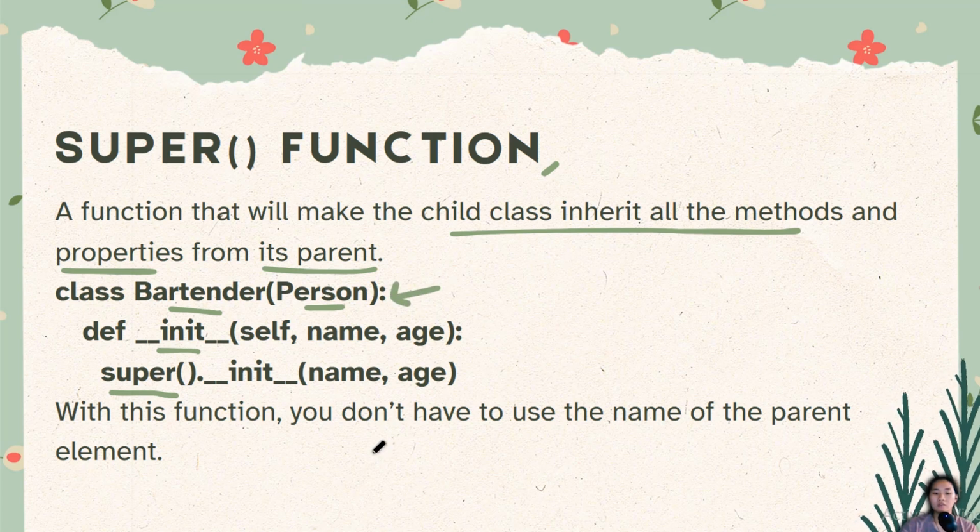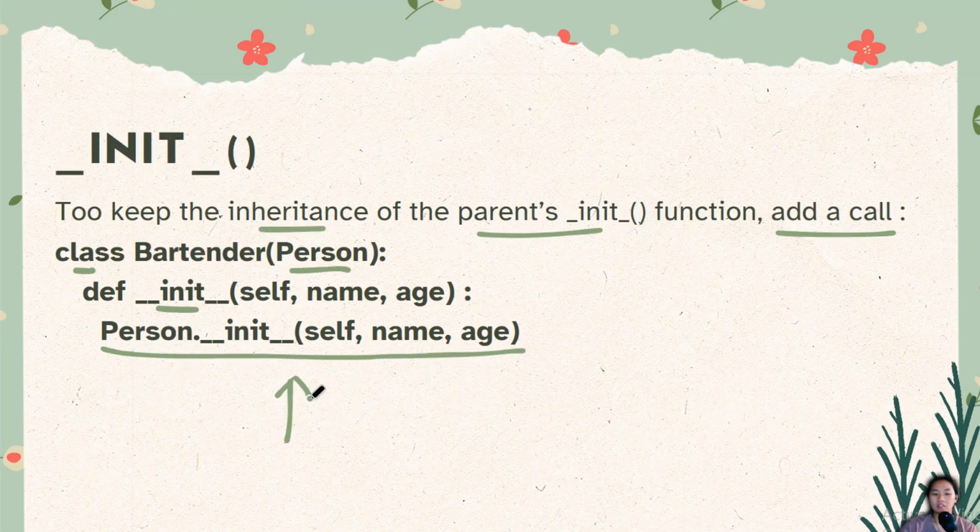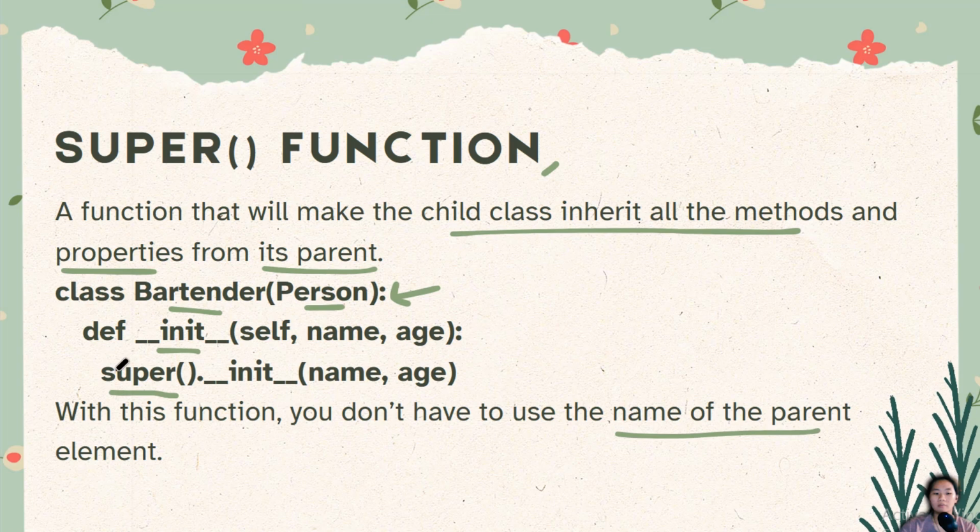With this function, you don't have to use the name of the parent whatsoever. This is in replacement of this statement over here. You don't need to call upon the name of the parent. Just simply type super.